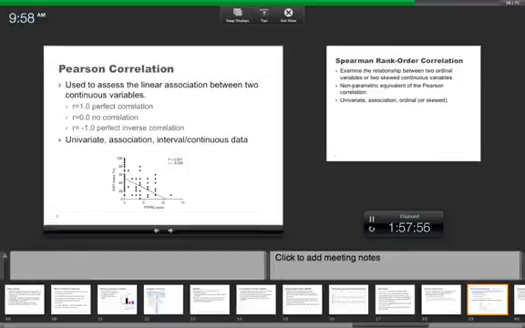And then from this distribution of the data points, you ask whether there is a linear relationship between these numbers. So to answer the question, you assess the linear association between two continuous variables.